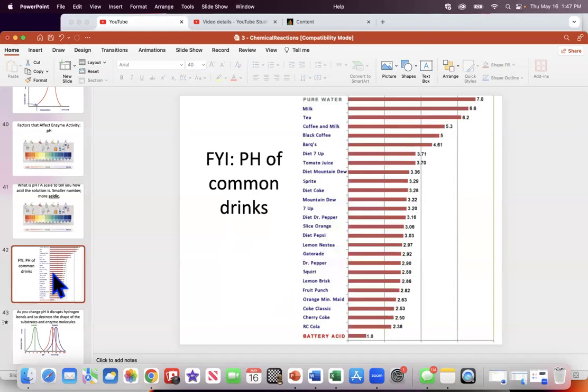For every solution, you can measure its pH and find its place on the pH scale. If this is pure water, pH is 7, so this is a neutral solution. If the number is smaller, it means more acidic, like this Coke at 2.5, which is actually very acidic.